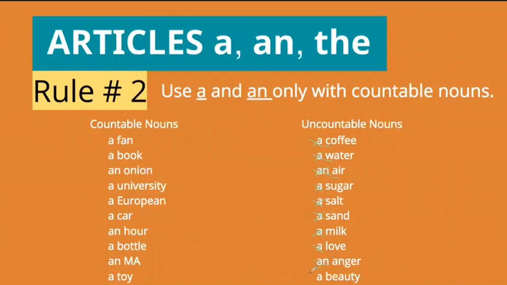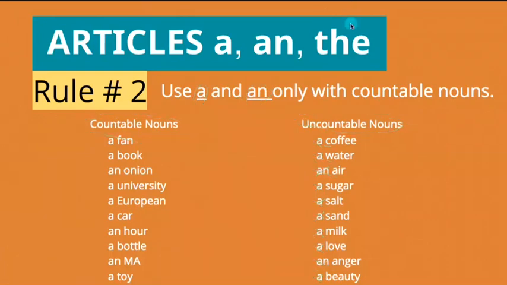That's why these are wrong. Once it is an uncountable noun, you do not use a and an. Don't use it. Okay, so that's rule number 2.